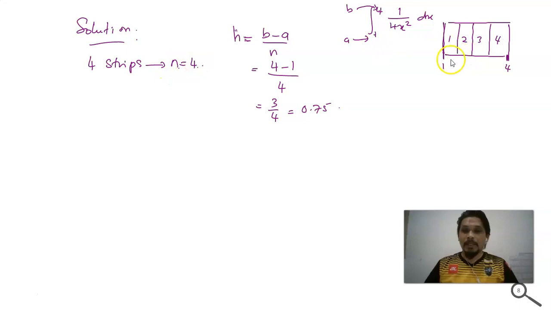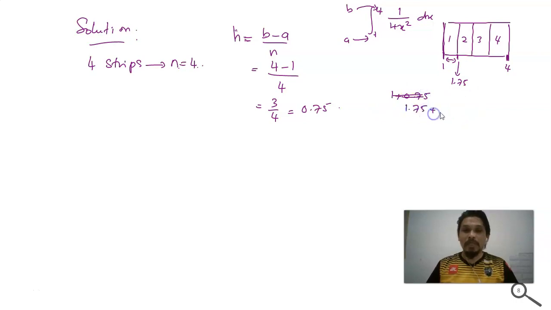And the distance between here until here is 1 plus 0.75 equal to 1.75.